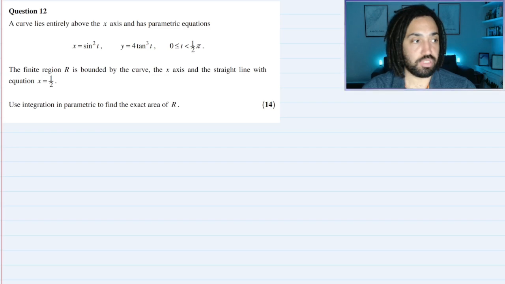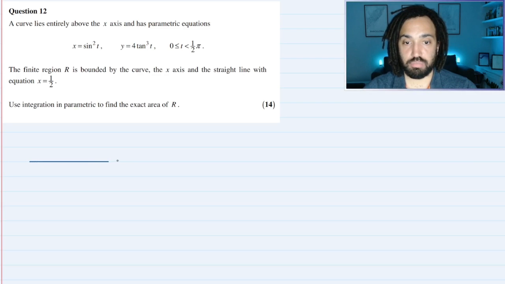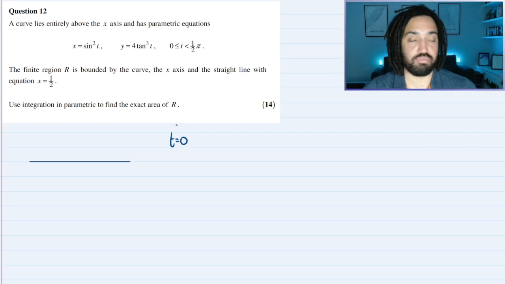Wowza. Okay, so the first thing we need to do is figure out what this curve looks like. So what I could do is substitute in t equals 0, which we should inspect first, because I know that gives me x equals 0.